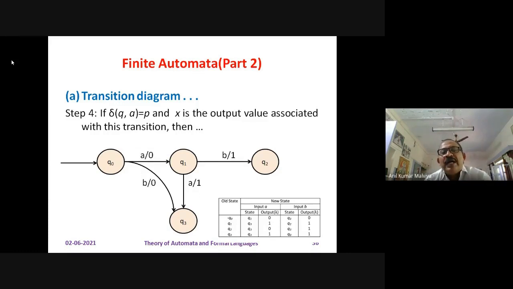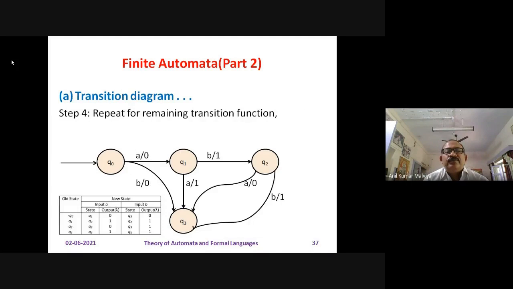So you have to draw at this time an arc from state Q1 to state Q2 with label B followed by forward slash 1. And repeat this for each transition function.